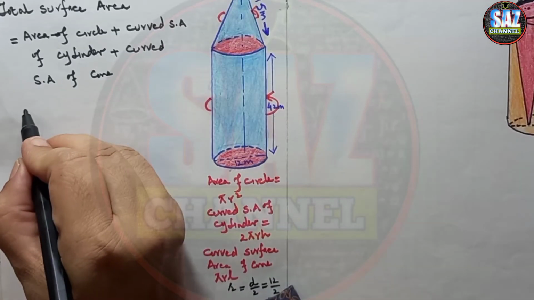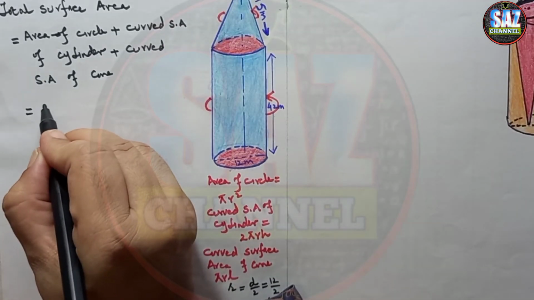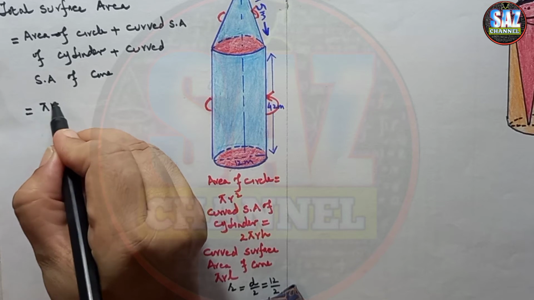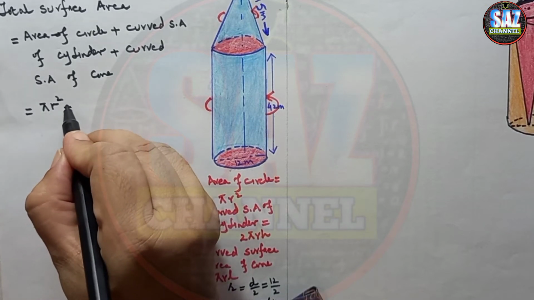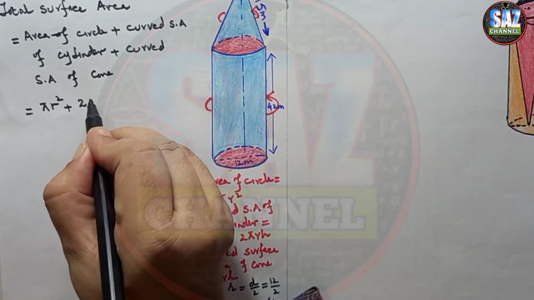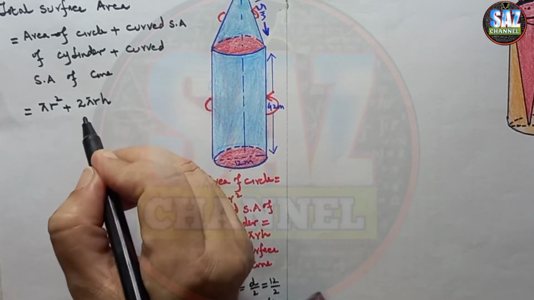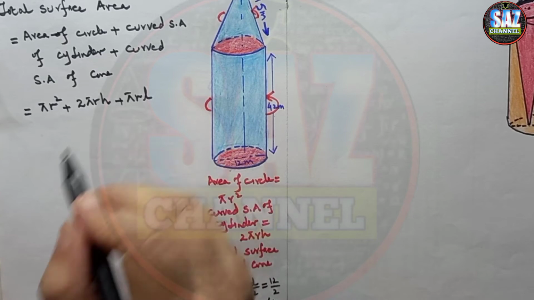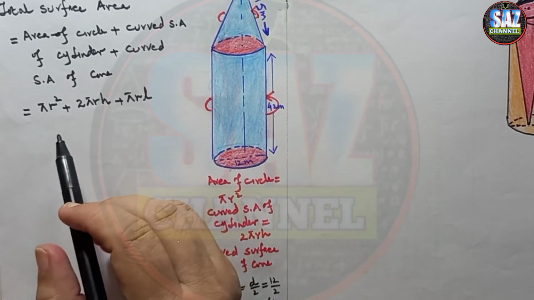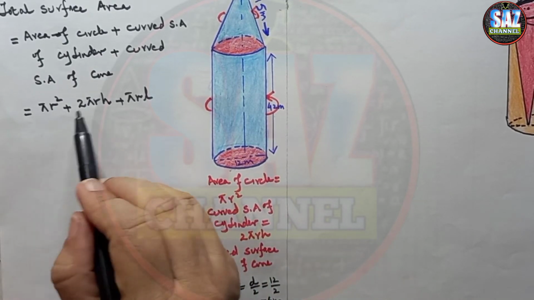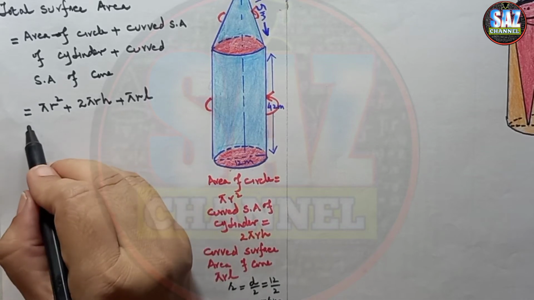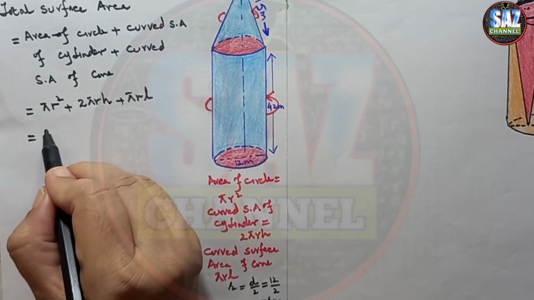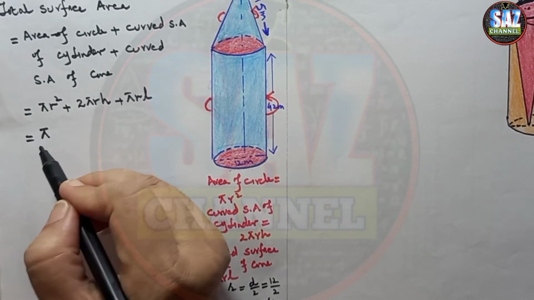First of all, write down the formulas in your working. Area of circle formula is pi r square. Curved surface area of cylinder is 2 pi r h and plus pi r l. Now look carefully that in the question, pi is a factor which is coming in all parts, so we can extract it as a common factor to make our calculation easy.